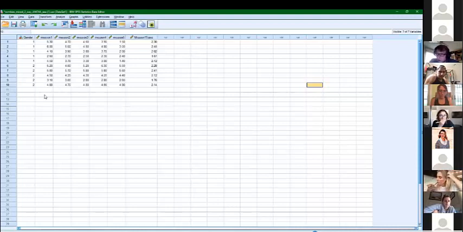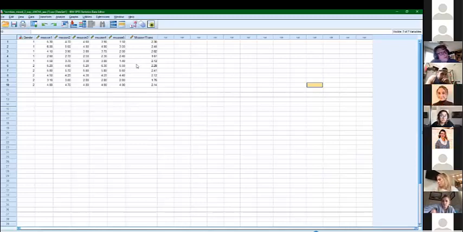Now remember, don't fall into the trick on the exam of time being a variable. And so time here, this is a 2 by 5, a two-way ANOVA with repeated measures.